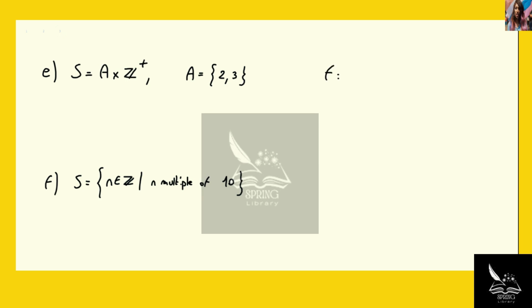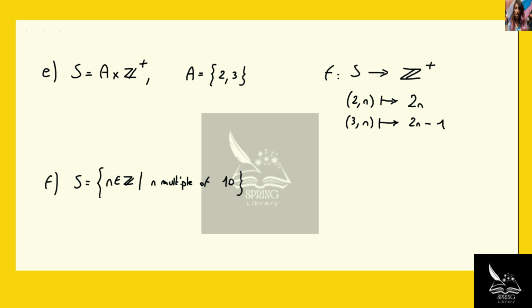So we have a map that goes from S to Z plus, where we map the elements (2, n) to, let's say, twice n, and the elements (3, n) to 2n minus 1. And therefore the set S is countable.